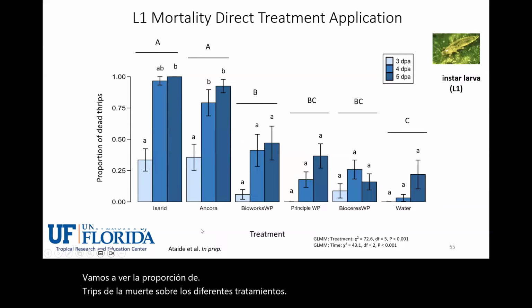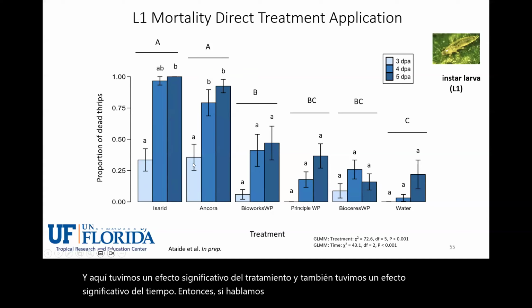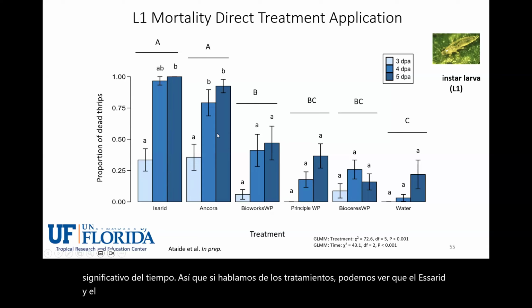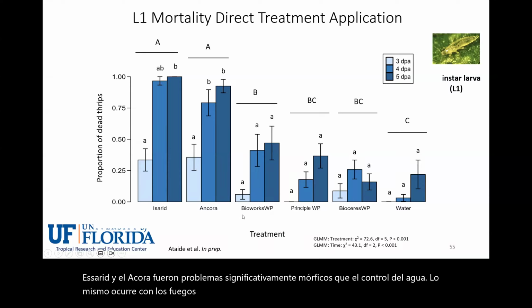And here we had a significant effect of the treatment, and also a significant effect of time. If we talk about the treatments, we can see that Isarid and Ancora were significantly more efficacious than the water control. The same goes for Bioworks, the wettable powder.